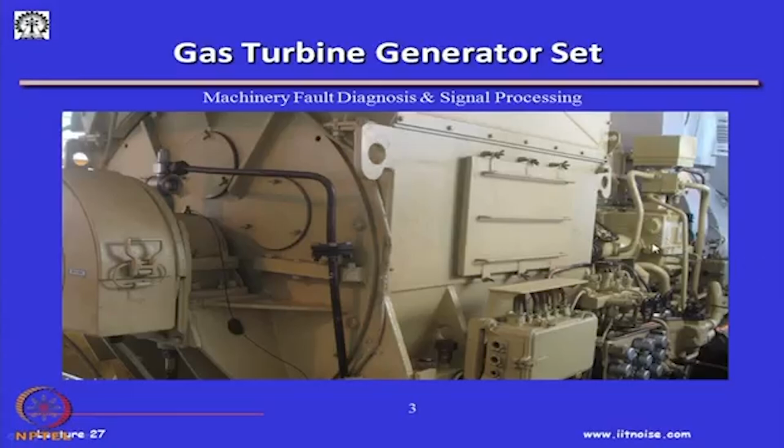This is a small gas turbine in a test establishment, a replica of the actual gas turbine. This is one of the actual gas turbines used in a marine propulsion unit, and we have put a charge type accelerometer here to measure the vibration, so that we can see whether the defect characteristics of the generator vibration can be picked up by such a transducer.